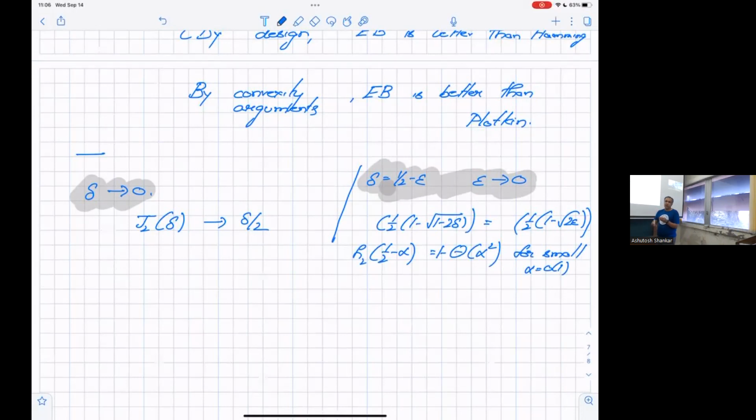The degree 1 term will cancel the contribution from alpha and 1 minus alpha, so half minus alpha and half plus alpha will symmetrically cancel out. And the next thing will be the degree 2 term, so it will be like 1 minus theta alpha square, for small alpha.